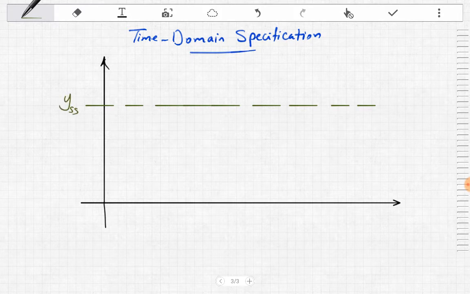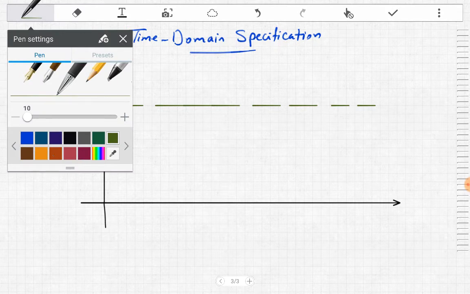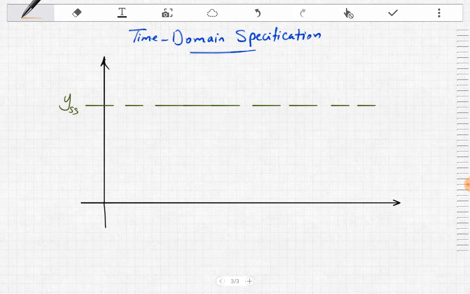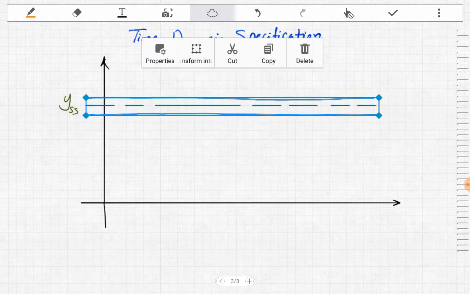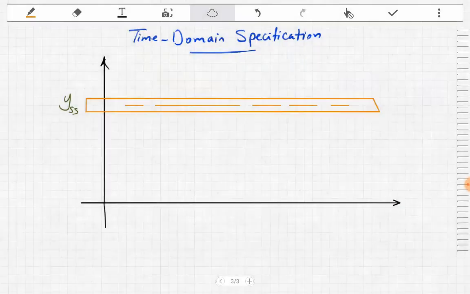Okay, and let's say that we have like a little tube about this set value. This tube, you define the accuracy of it.